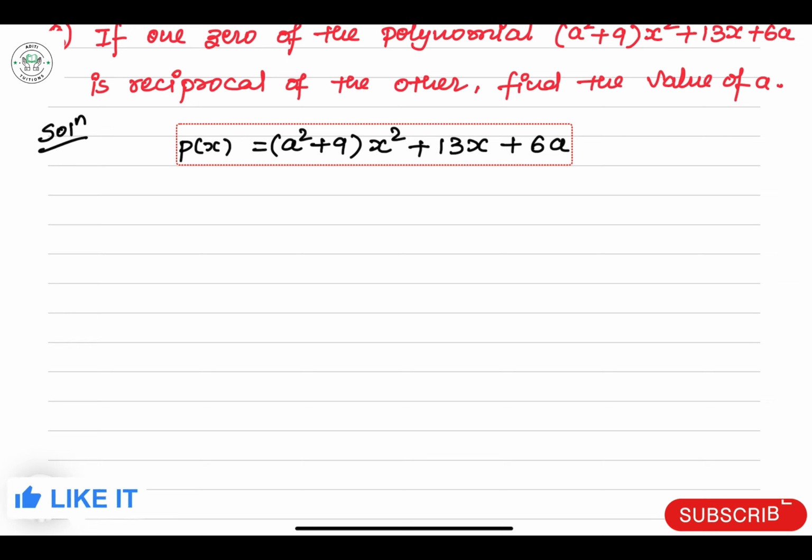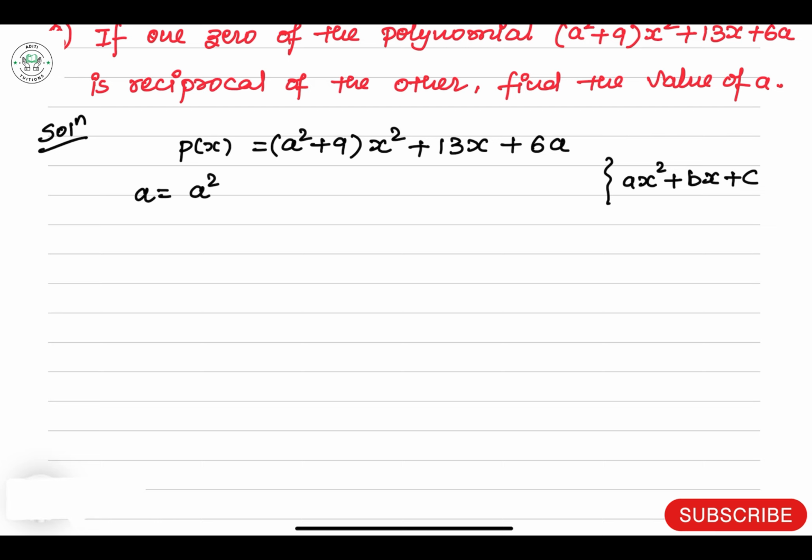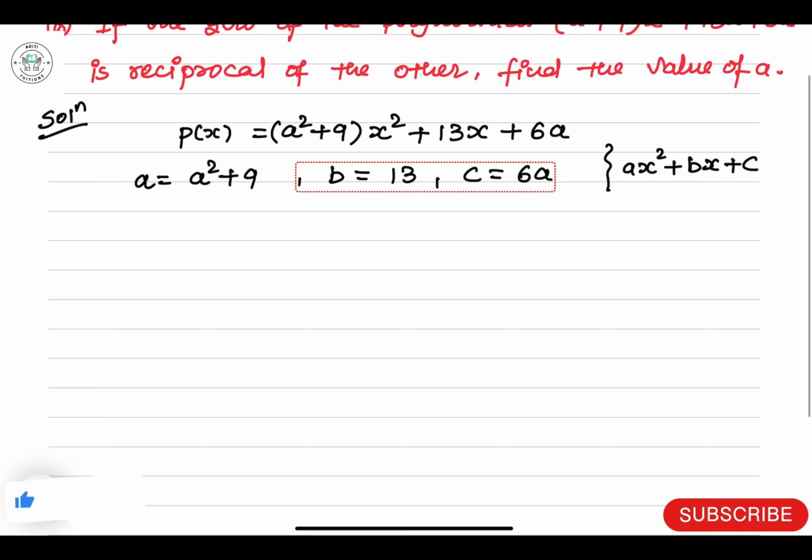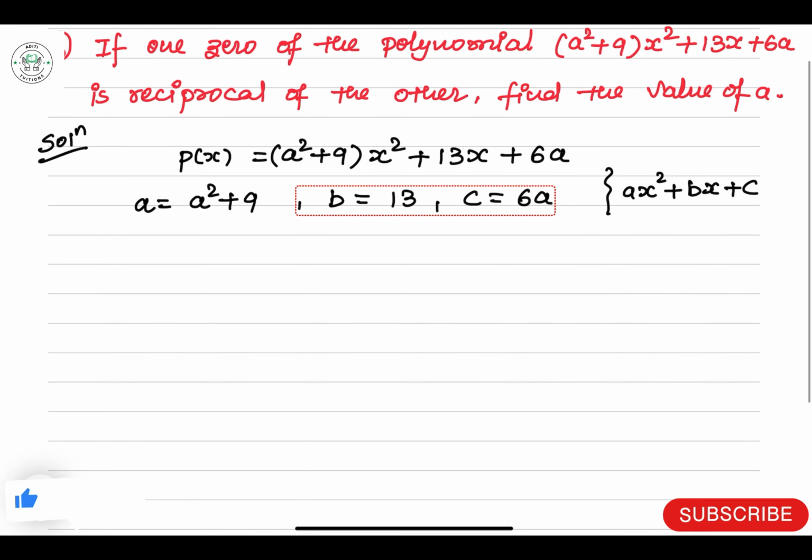The general form, which you already know, is ax square plus bx plus c. When I compare, I get the a value as a square plus 9, the b value as 13, and the c value as 6a.